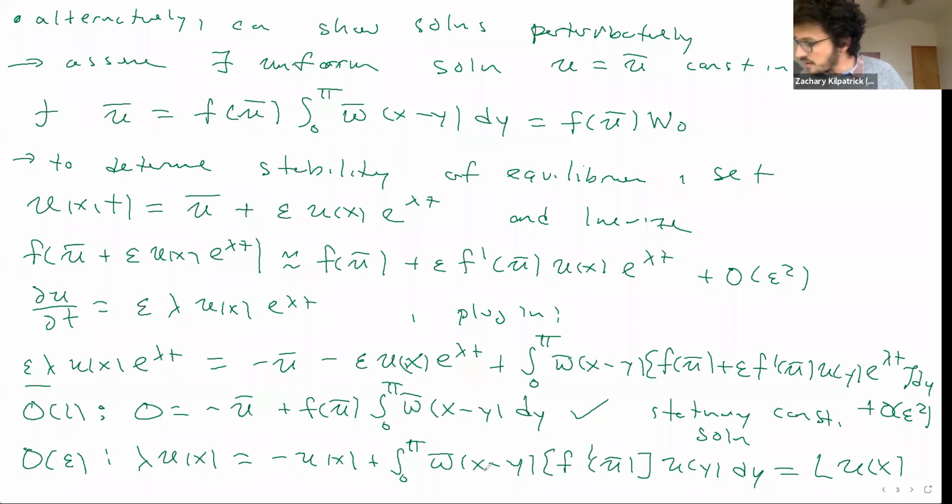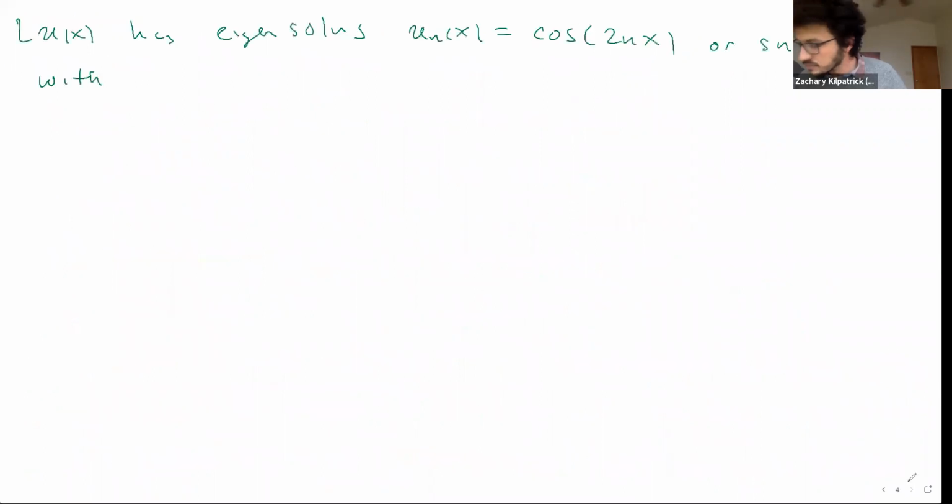the structure of this operator. It just depends on this weight function, and because we used a particular weight function that's just separable into these trig functions, and it's homogeneous, you can use trig identities and basically pull out cosines of 2nx, 4nx, and so on.